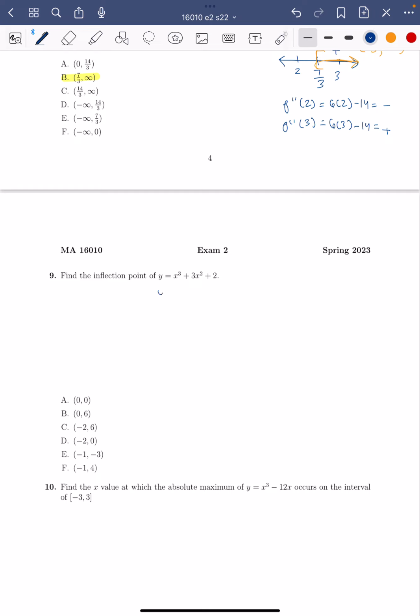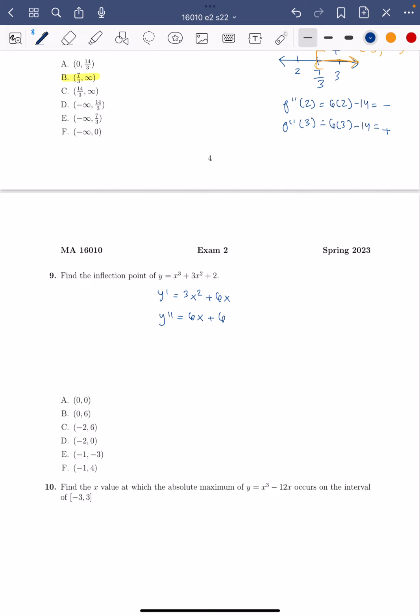So the first derivative, y prime, equals derivative of x cubed is 3x squared plus derivative of 3x squared, that's 6x. Derivative of a constant is 0. So let's go ahead and find the second derivative. Y double prime equals derivative of 3x squared is 6x plus derivative of 6x is 6.